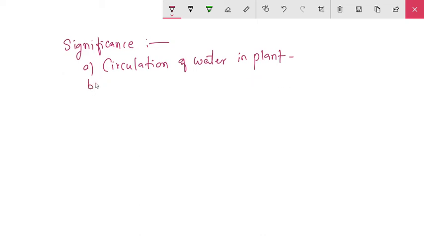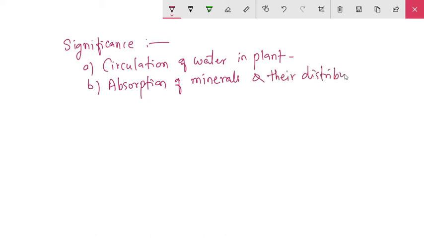Then the second is absorption of minerals and their distribution in the plant. Okay. So transpiration is directly proportional to the rate of absorption.